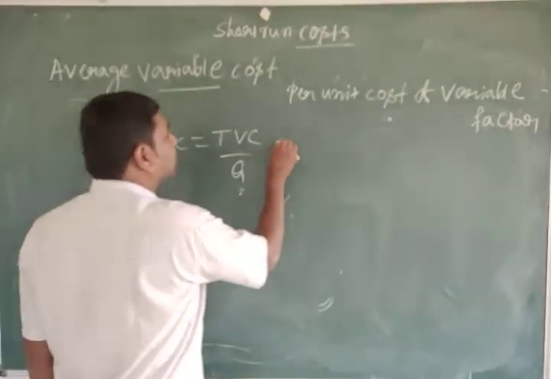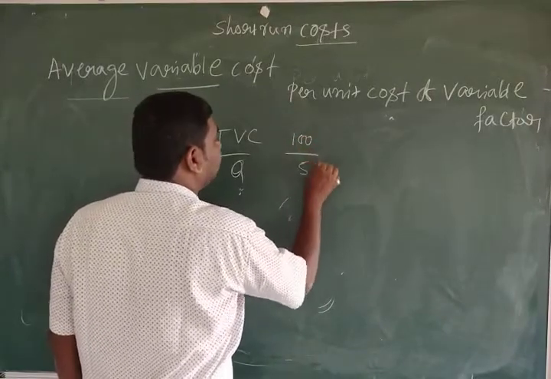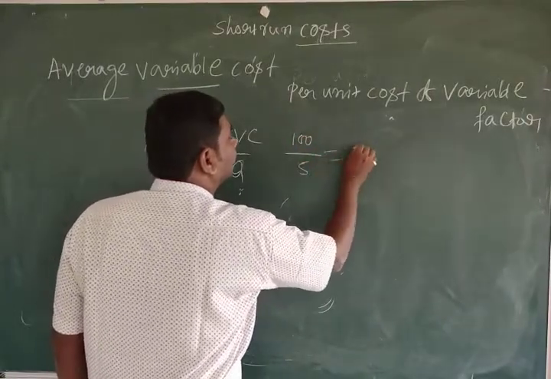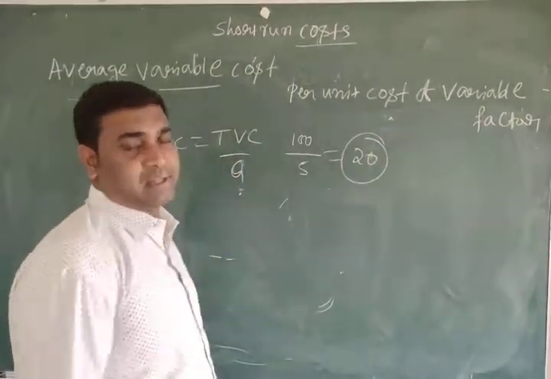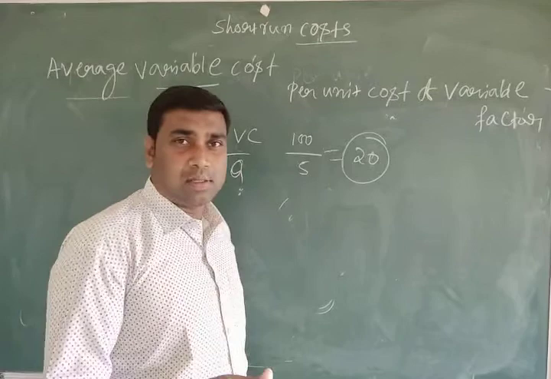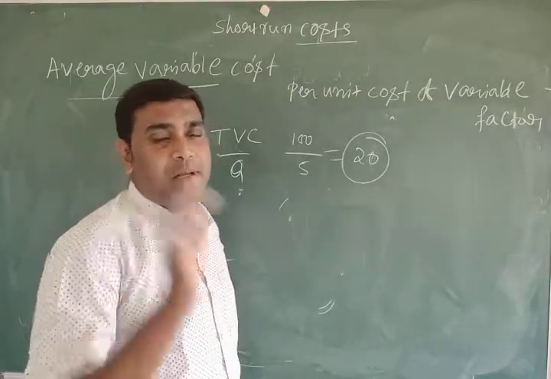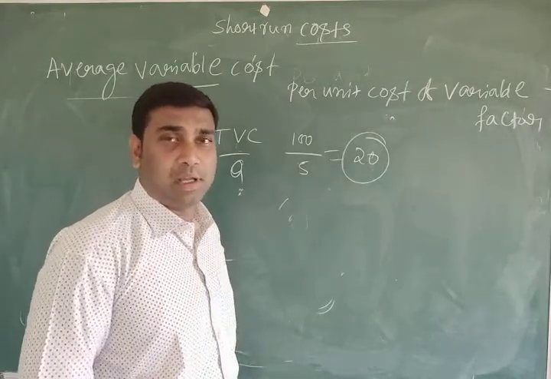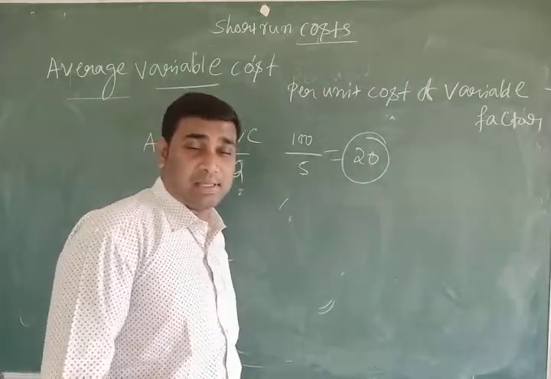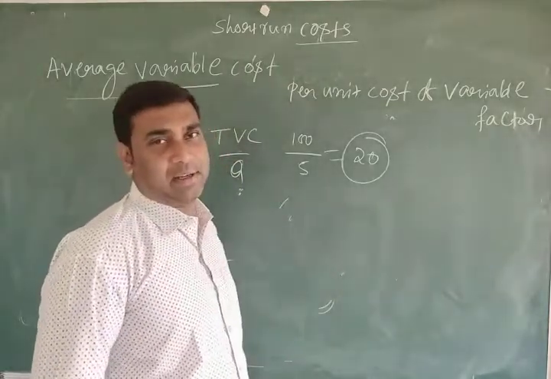See, simple. The total variable cost is 100. The quantity is 5. This is the expense on each variable factor. To produce a commodity, how much expense is incurred on each variable factor.